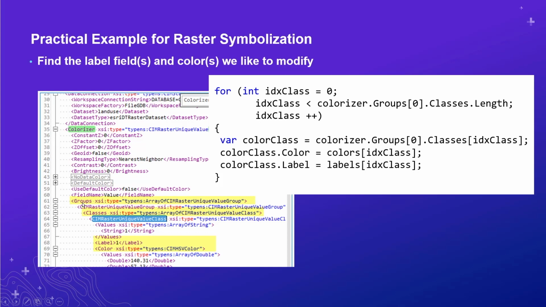Again, this is the name of the element that corresponds to that. The very first element, which I address with the index of 0, has a property called classes. Now I go through all the classes that I have, and each class contains a label property, which is the string that appears on the legend, and it also contains a color. So this allows me, for each one of the classes, to override both color and label.